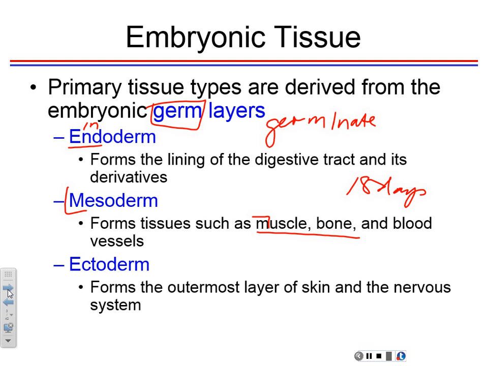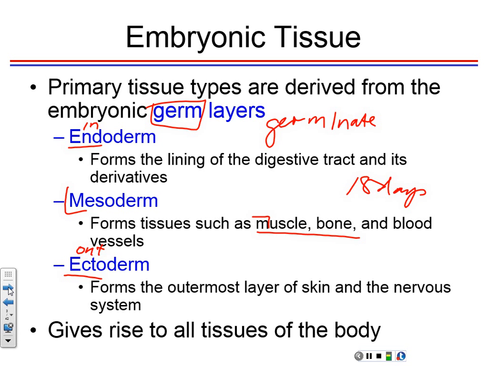Okay, so the ectoderm, ecto means outside, and the ectoderm gives rise to the skin, which is all epithelial tissue. And also, even though it's internal, gives rise to the nervous system. Okay, we'll talk about, like I said, just a little bit about the nervous tissue for now. We'll cover it later on.